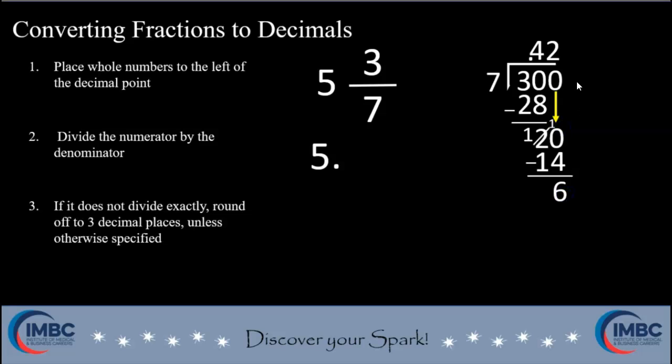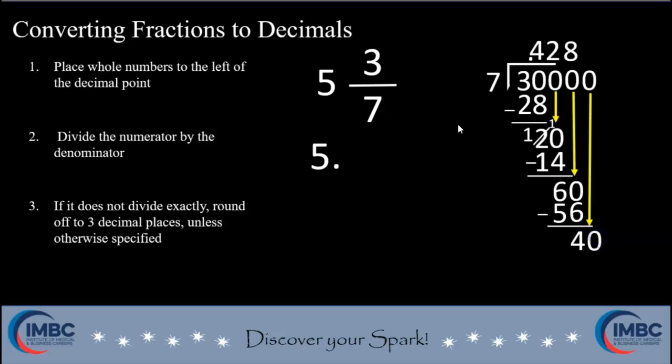And 6. We add another 0. We bring it down. 7 goes into 60. Goes in 8 times. 7 times 8 is 56. We do the subtraction. 60 minus 56 is 4. We bring down another 0. 7 goes into 40 5 times. 7 times 5 is 35.